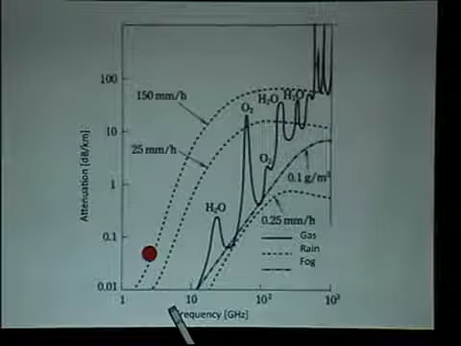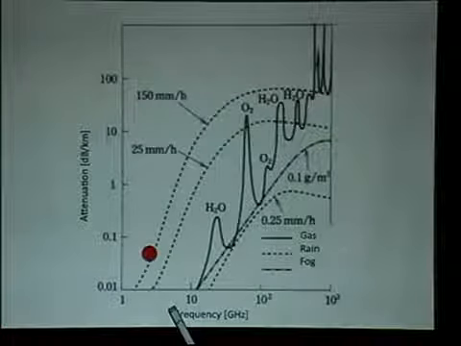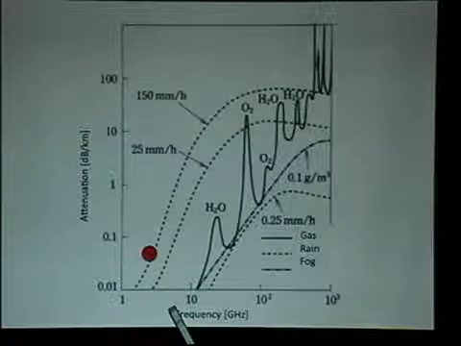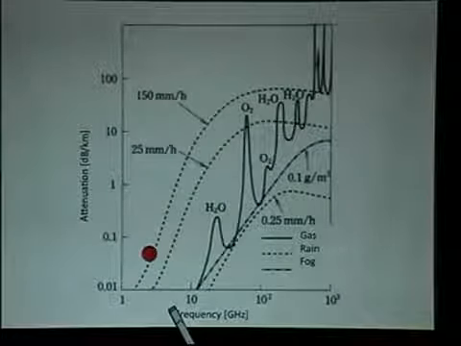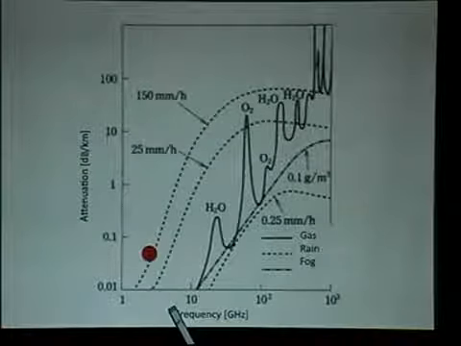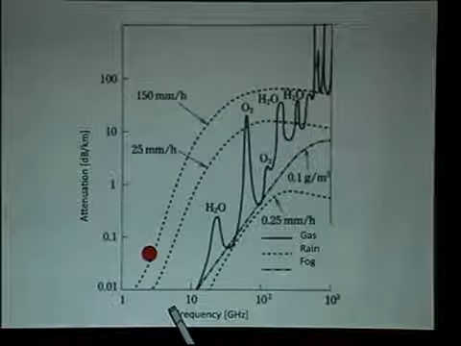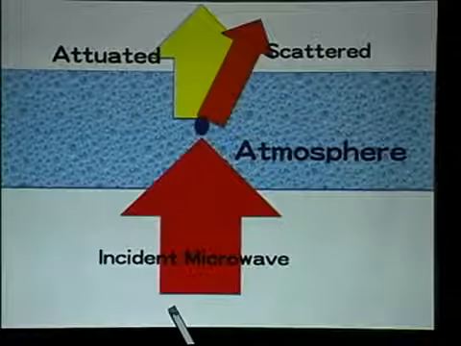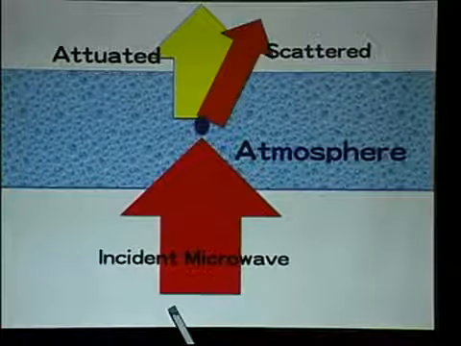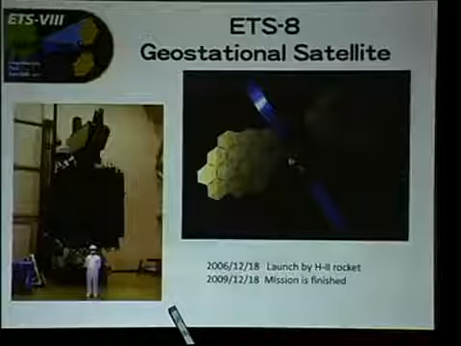When we have very heavy rain, we have a big distortion. But we did not have rain during the experiment. So maybe the incident microwave was attenuated or scattered.